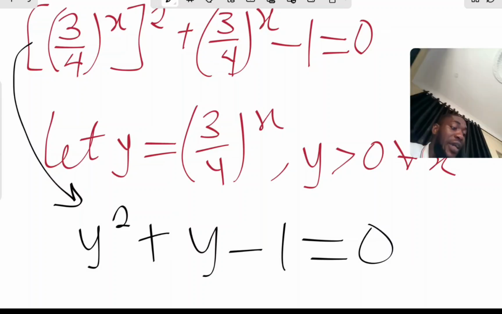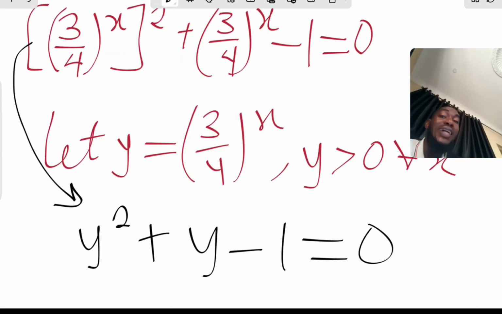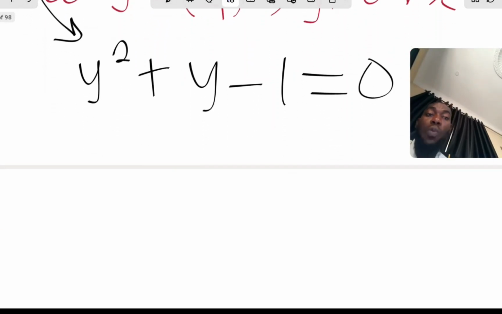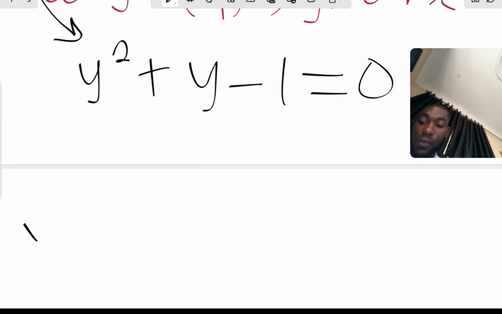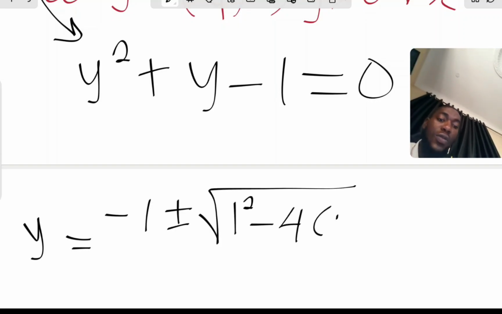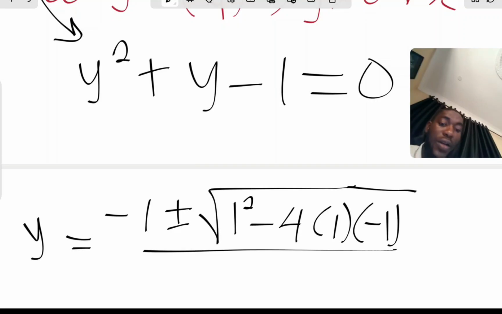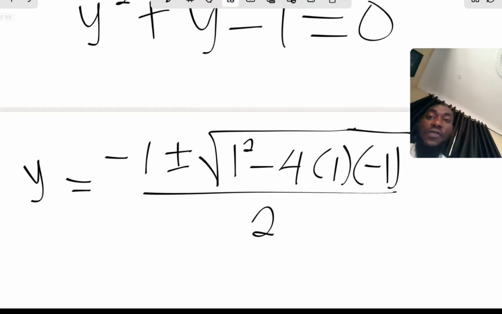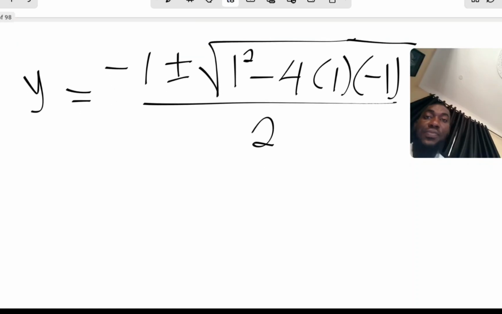So now this is already a simple quadratic equation. For this reason, we're going to solve this quadratic equation using the quadratic formula. So by making use of my quadratic formula, my y is going to be minus 1 plus or minus the square root of 1 squared minus 4 times 1 times minus 1, over 2. So now, what are we going to have, guys?